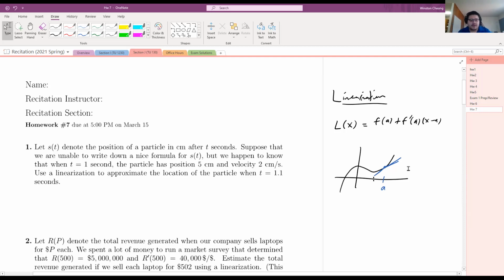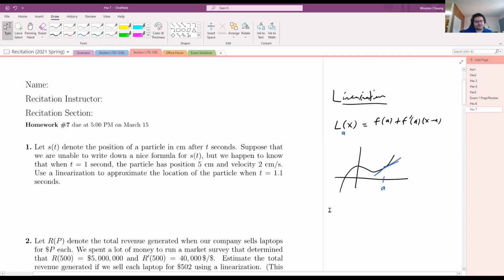That's what linearization does. One other thing I commented on was that you have a bunch of different possible linearizations. It would be more technically correct to specify which linearization we're talking about by saying we're linearizing at the location a. It would make sense to have some kind of subscript there to specify, because for any point we can linearize at that point.